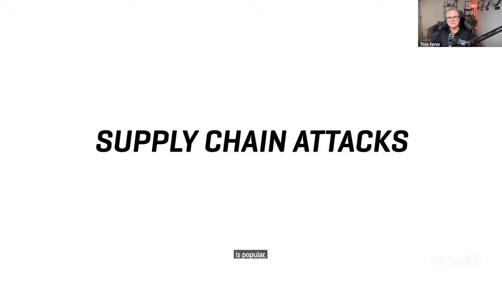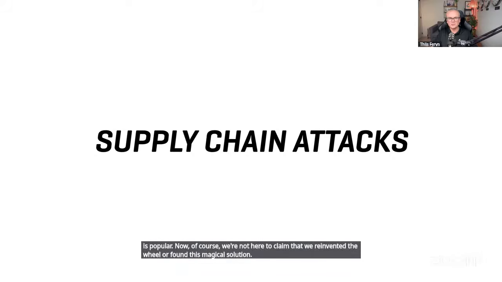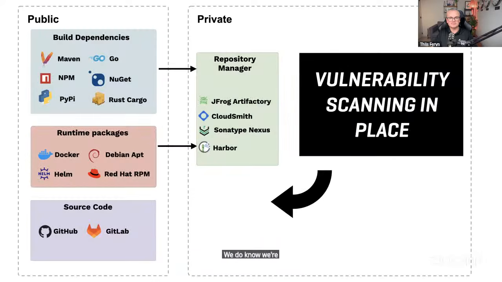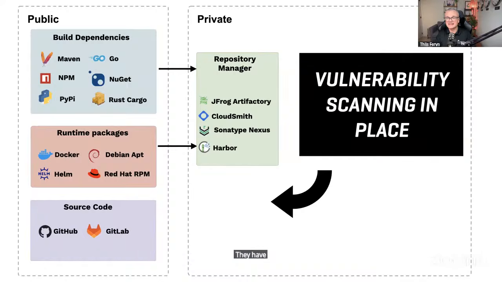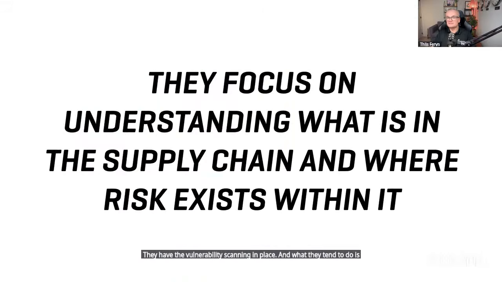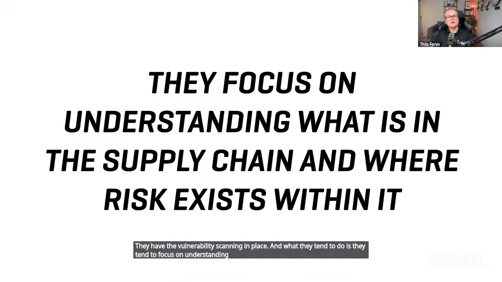Now, of course, we're not here to claim that we reinvented the wheel or found this magical solution. We do know we're part of an ecosystem. And that ecosystem has the repositories and the registries who already are doing a lot in terms of security. They have the vulnerability scanning in place. And what they tend to do is they tend to focus on understanding where the risk is at rest.